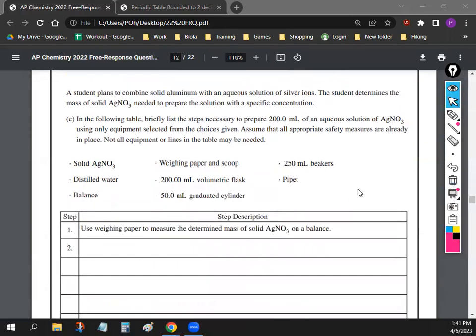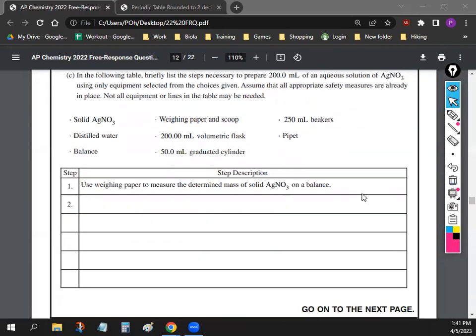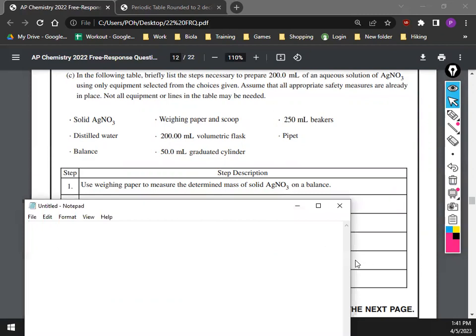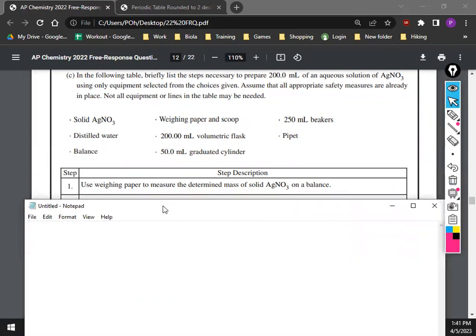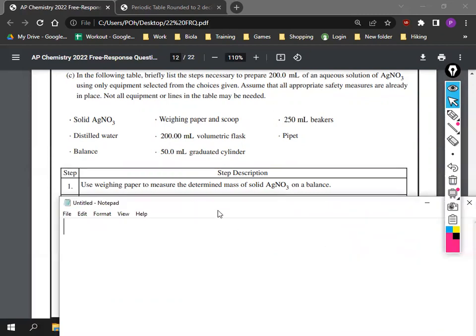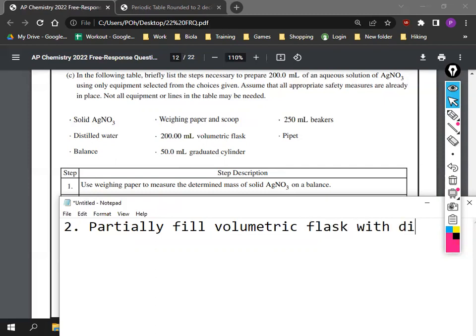So the next one is making solutions. We briefly talked about this. I'm just gonna give you guys the steps, just to get through it quickly. Whenever you're making a solution, the first thing you want to do, it tells you right here, is weigh out the solid on a scale or balance. The next thing you're gonna want to do is partially fill your volumetric flask with distilled water.